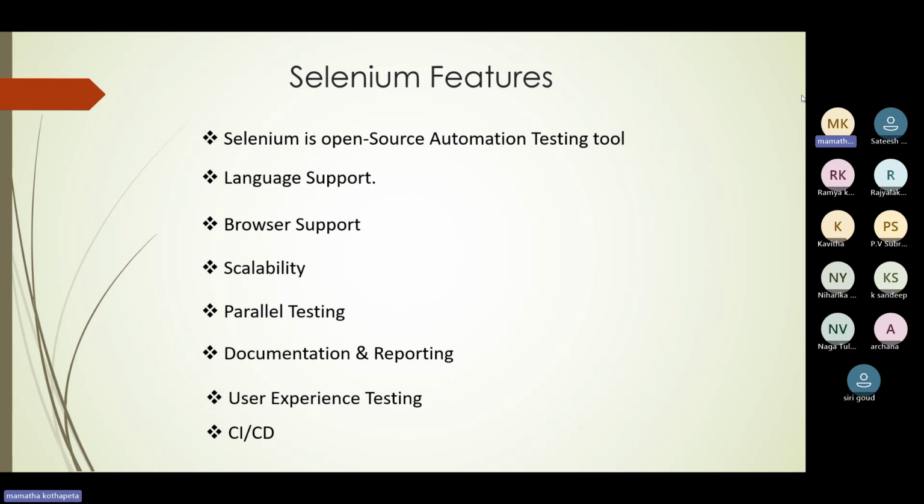Okay. Now, the next point is user experience testing. What is user experience testing? We generally know what we do as manual testers: we interact with the application. If I'm a user using IRCTC, I will expect that the website will give me a smooth experience.